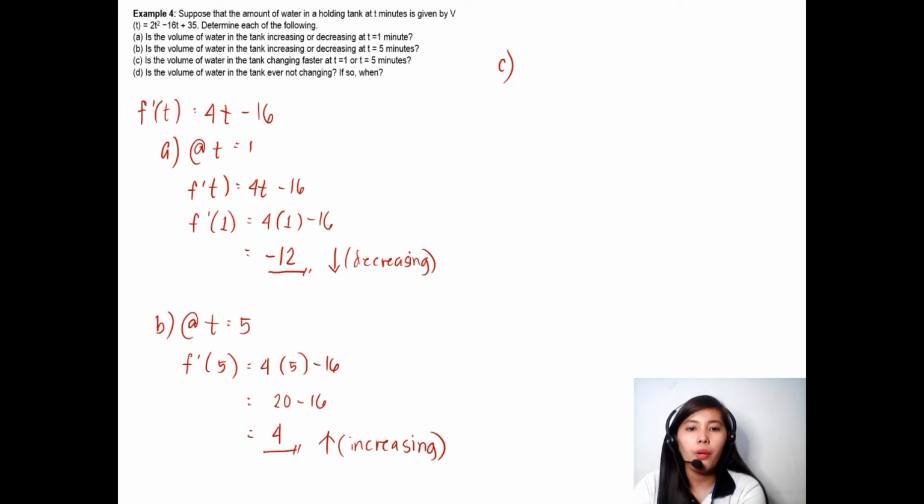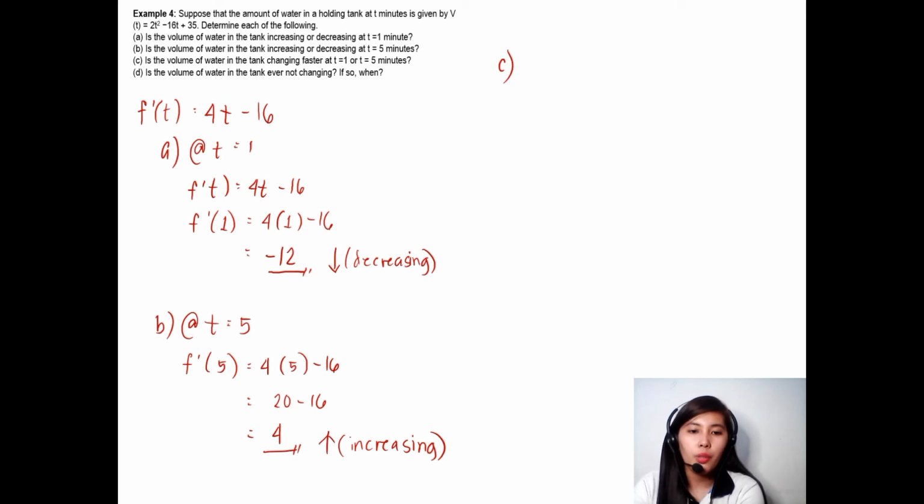Then for letter C, is the volume of water in the tank changing faster at t is equal to 1 or at t is equal to 5? So we have negative 12 and 4. If we compare which is changing faster, we have to look at the value, disregarding the sign first.